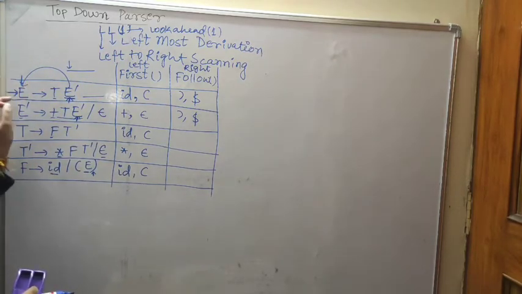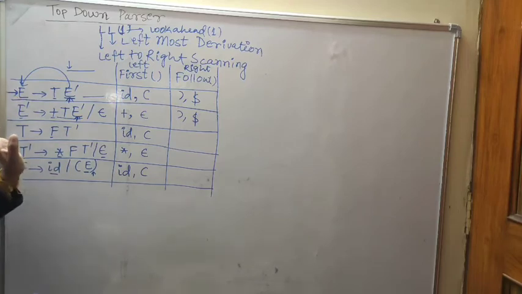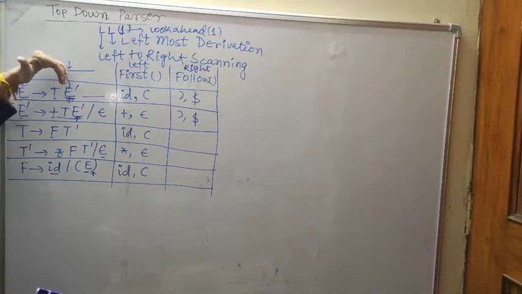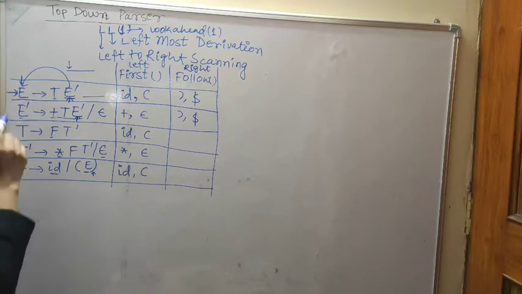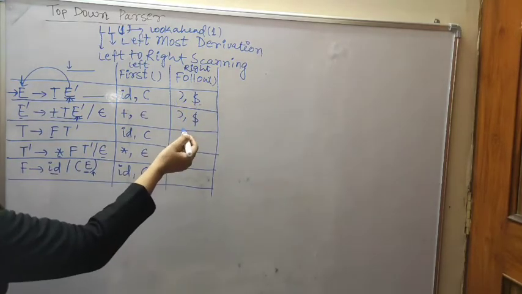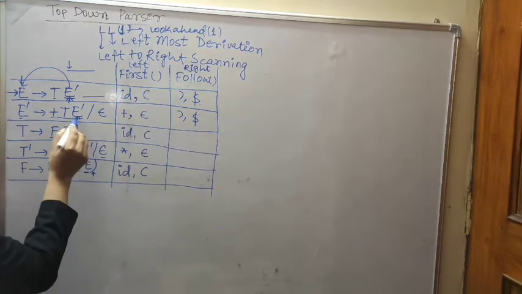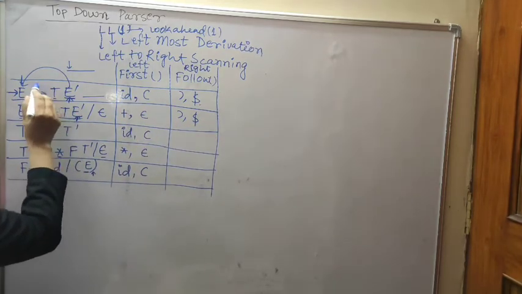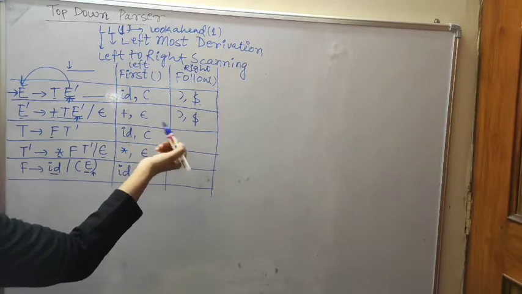Whenever we go to the left side, we do not take first of E, it is follow of E. Whenever moving from right side to left side, we take the follow of that non-terminal variable. So follow of E is close braces and dollar. Look at the other place too: E dash at the ending, E dash followed by E, same thing will come.